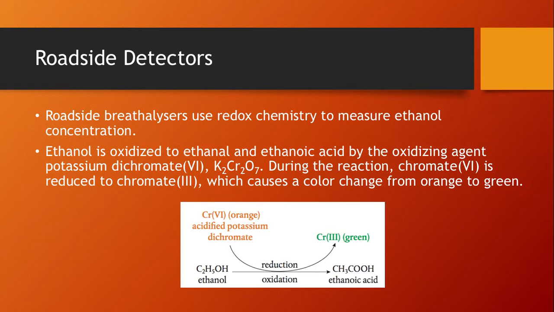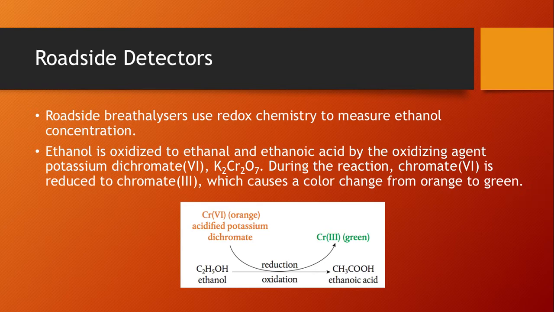Ethanol is oxidized to ethanal and ethanoic acid by the oxidizing agent potassium dichromate. We've seen that before. During the reaction, the dichromate is reduced to chromium(III), which causes a color change from orange to green.